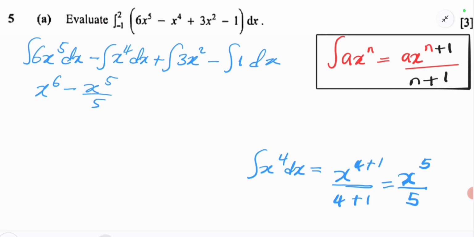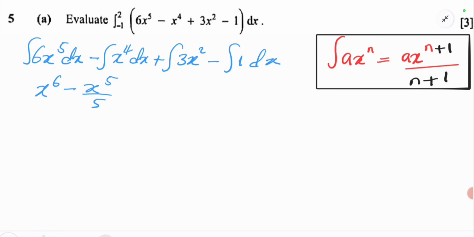I go ahead and work out the next part. Our next part here is the integral of 3x squared dx. What does this give us? If you want to integrate 3x squared dx, you write it the way it is, 3x squared. Then what do you do? Add 1 to the power, then divide this whole thing by the new power, which is 2 plus 1.